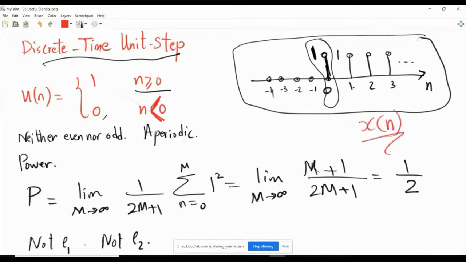When I say x of n, I'm defining it on the integers. If you ask what is x of 1.5, it is not 0. X of 1.5 is not defined because it's defined just on the grid of integers. So that's the reason we draw it like this. Between 0 and 1, between 1 and 2, between 2 and 3, it is not there.